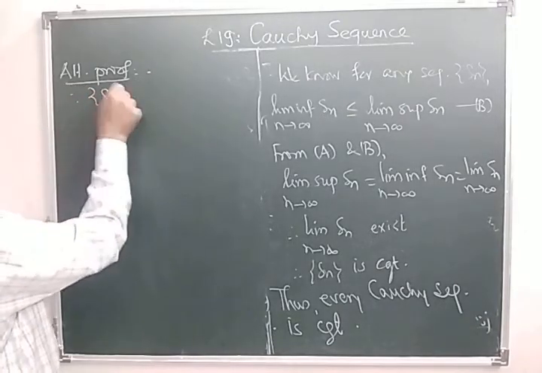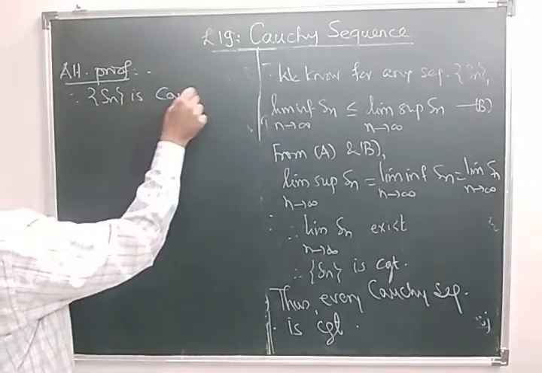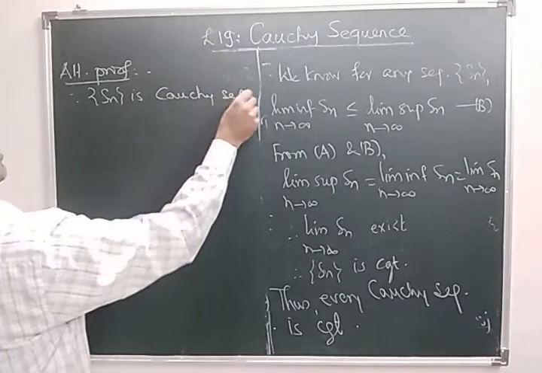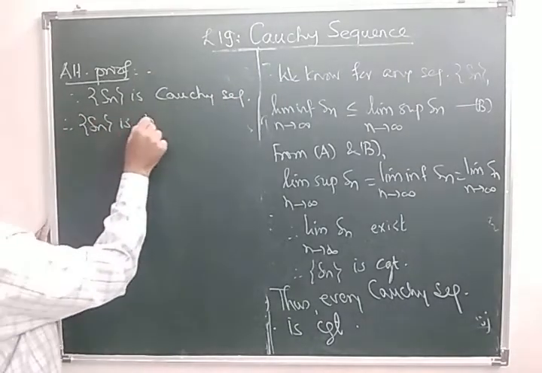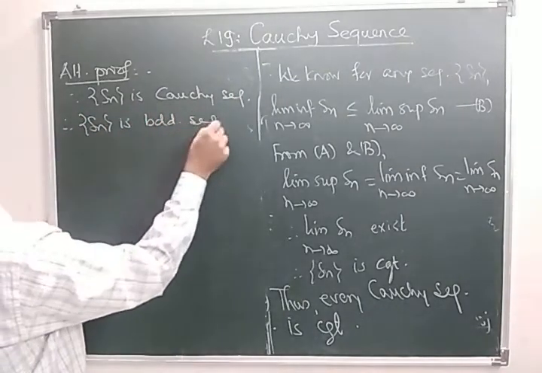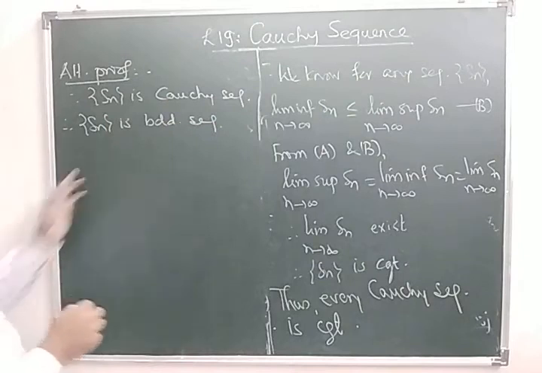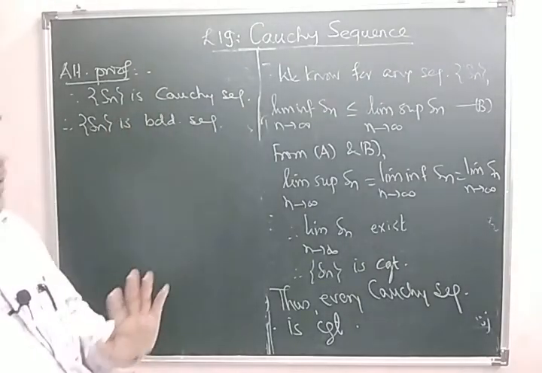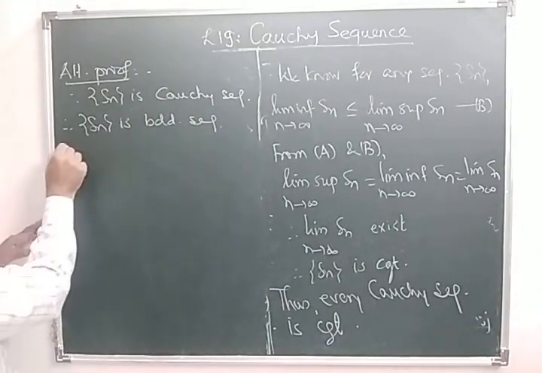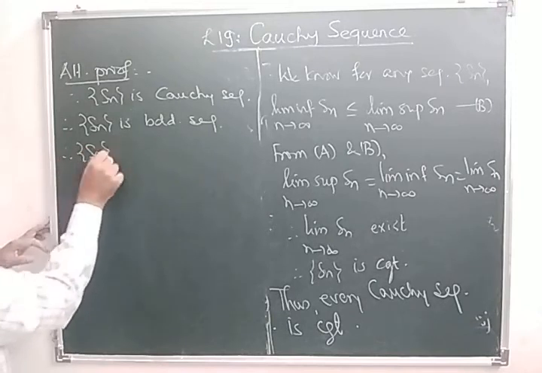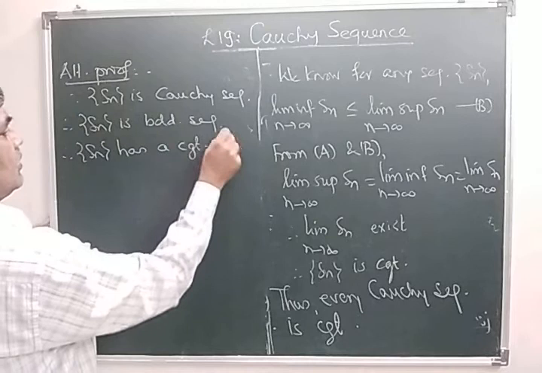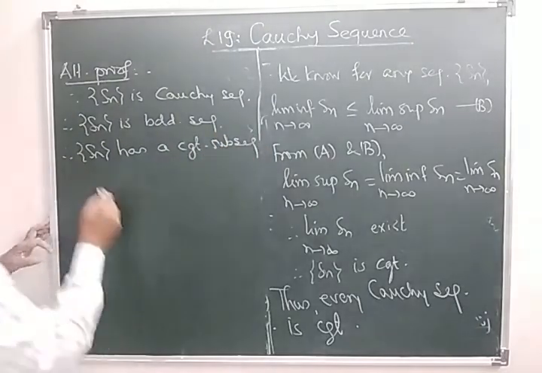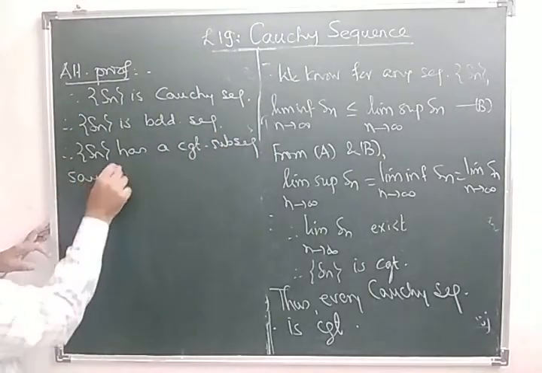Since Sn is a Cauchy sequence, therefore Sn is a bounded sequence. Every Cauchy sequence is bounded, and therefore Sn has a convergent subsequence, say Snk.